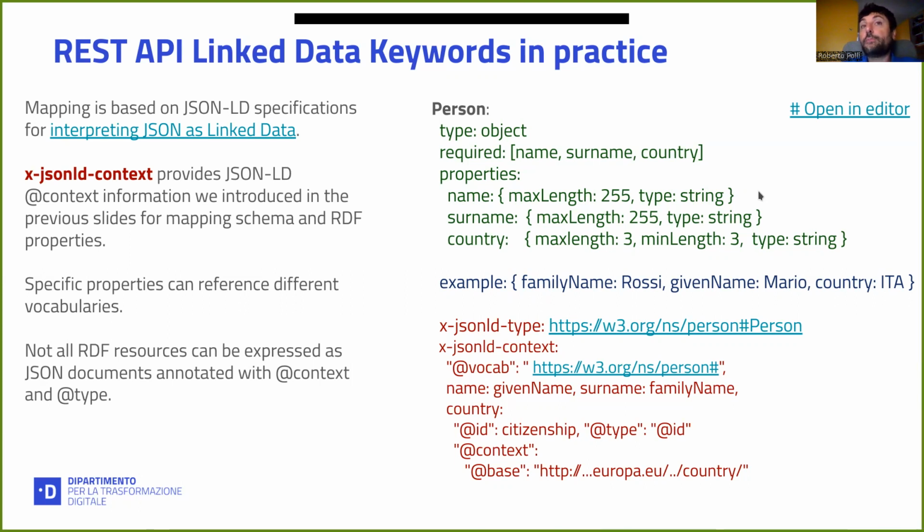We do not profile JSON-LD specification in this document. So the features will improve in time thanks to the improvements that will be implemented in JSON-LD and in JSON schema.